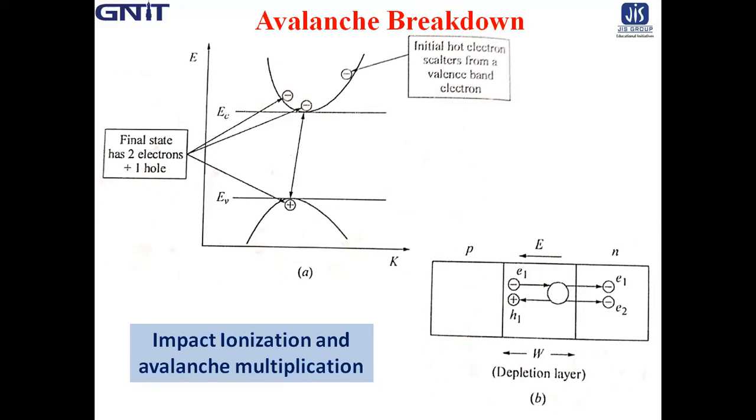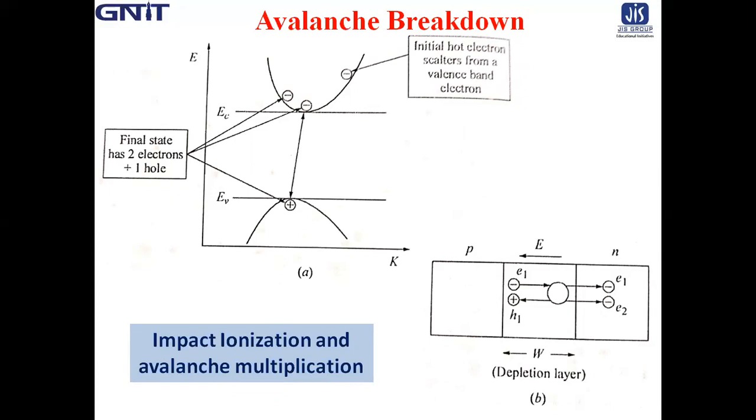And this breakdown is due to impact ionization and avalanche multiplication of charge carriers at a high reverse voltage and high electric field at the junction. So the process is called impact ionization and avalanche multiplication of charge carriers. So what does it mean?